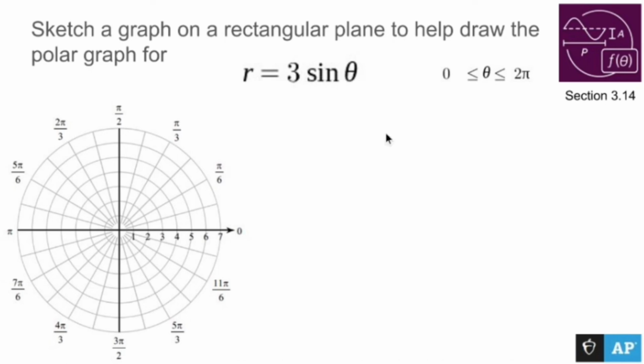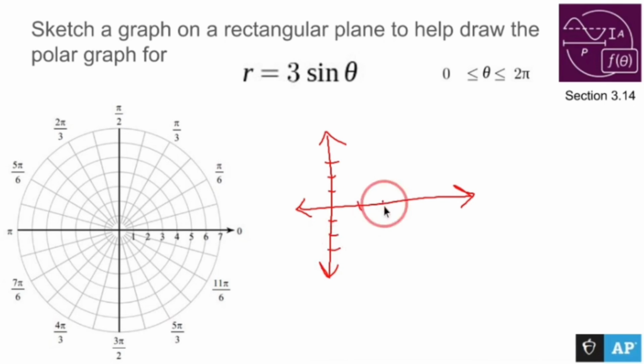So let's draw out the trig version of 3 sine theta. I know that 3 sine theta goes up to 3, bottoms out at -3. I know that magic happens at pi, then it repeats itself at 2 pi. It goes through stuff at pi over 2, and 3 pi over 2.